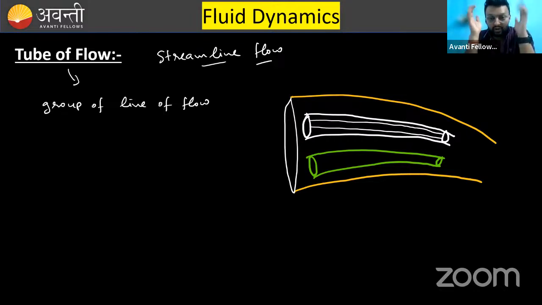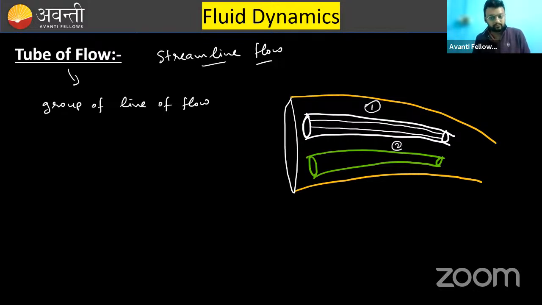Another thing that you need to understand: every line of flow follows a unique path. I will not say the same path, I will say a unique path. And they cannot intersect with each other. That means any line of flow in the first tube can never intersect with any line of flow of the second tube.